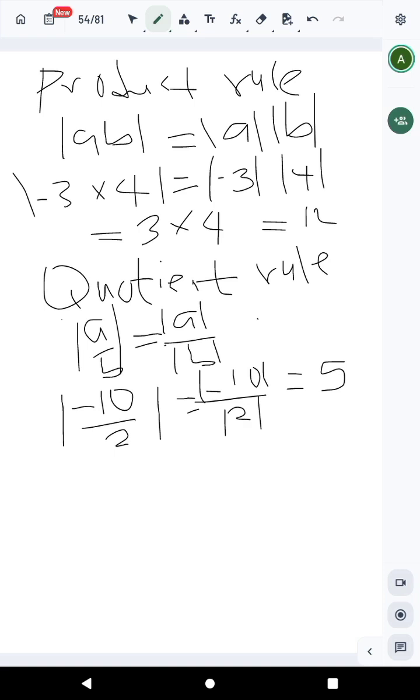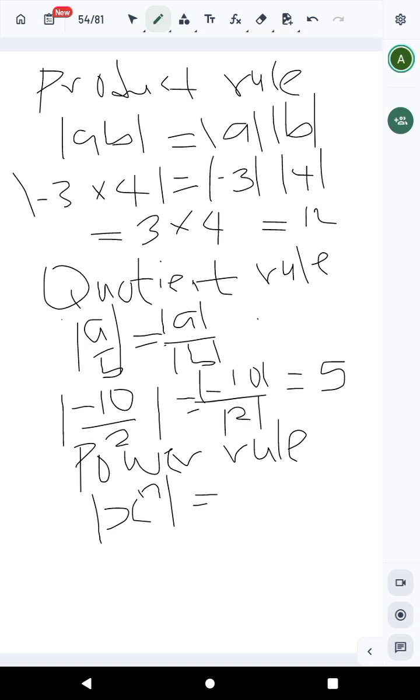So we have the power rule. We have absolute value of s raised to the power of n is equal to absolute value of s raised to the power of n outside.